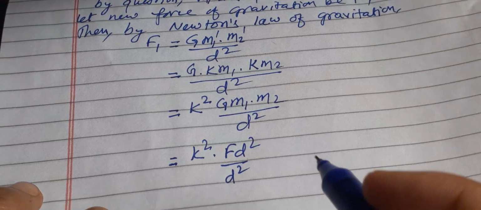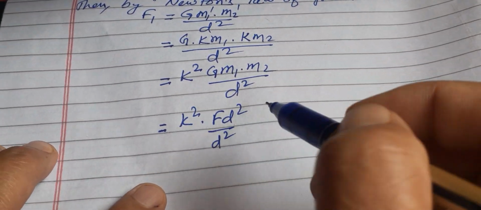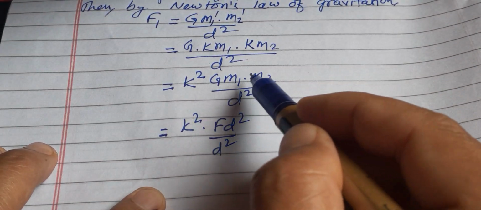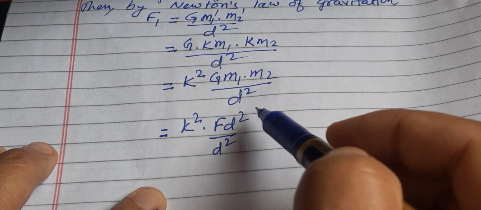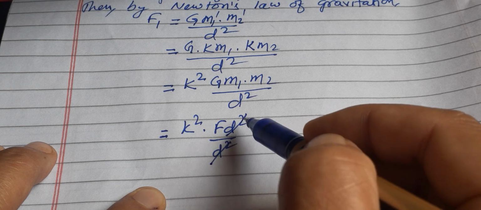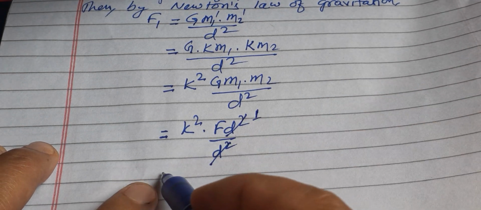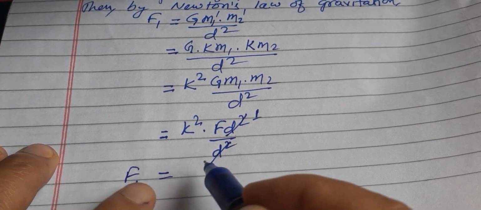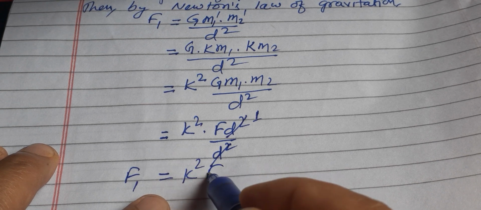In the numerator d square and in the denominator also d square, so they cancel by 1. So finally we have F1 equals k square times F.